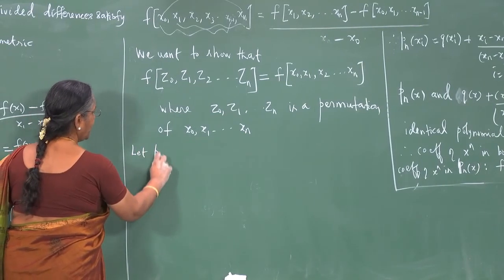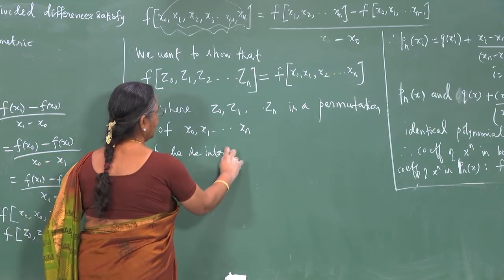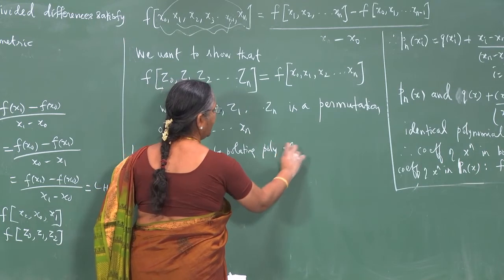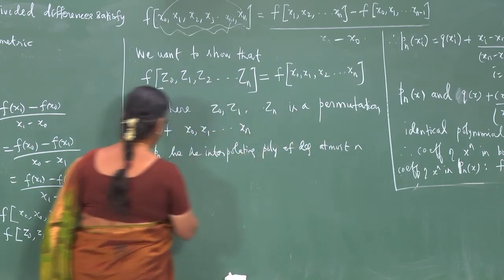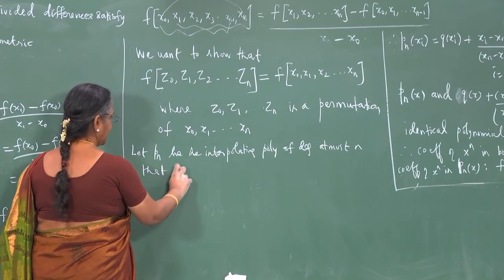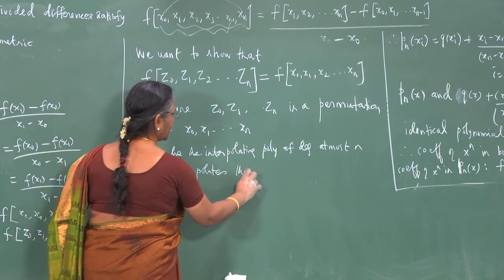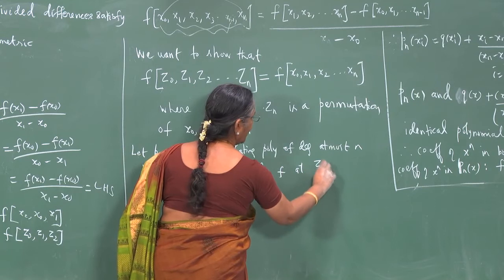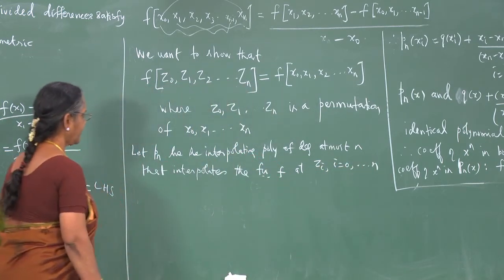So let Pn be the interpolating polynomial of degree at most n that interpolates the function f at zi for i equal to 0, 1, 2, 3 up to n.